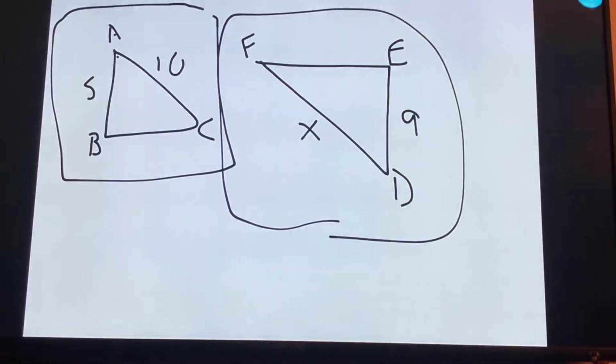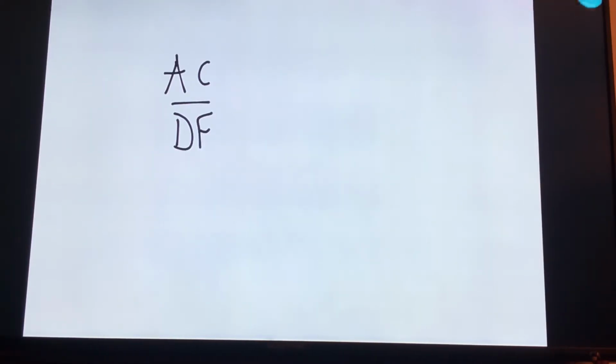So what does that mean? Well, it looks like AC. How's AC running? Maybe I'll change color here. AC is running like that. It looks the same because, how do I know that? Because this right here, I'm looking at these being right angles. So it looks like this is going to be about the same. So AC is equivalent to DF, so I set it on top of it.